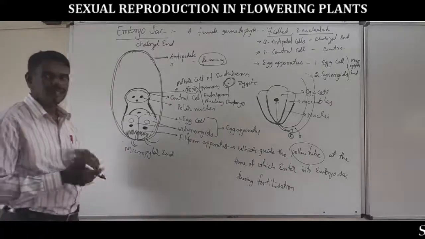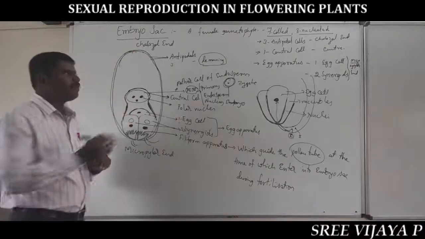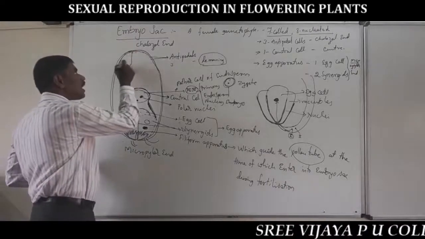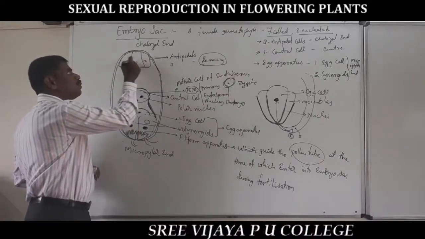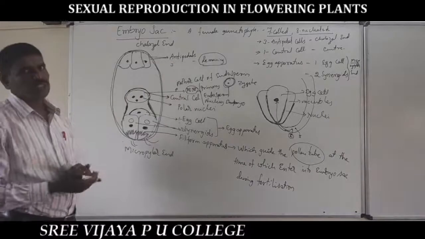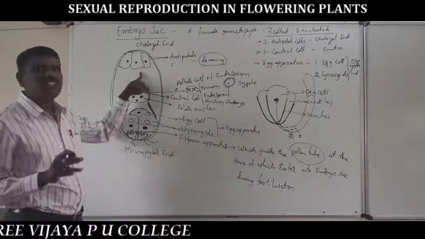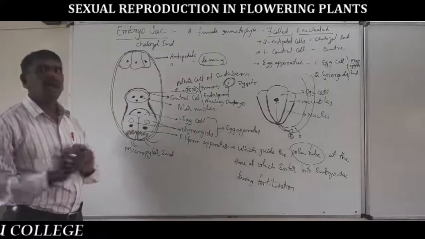They disappear. But sometimes the embryo sac has three antipodals remaining even after fertilization.